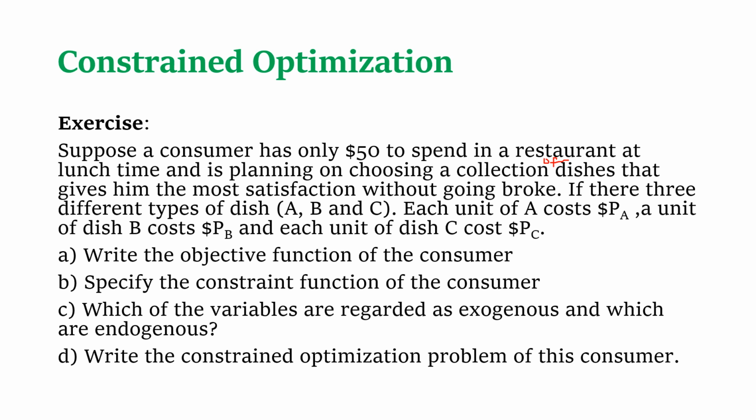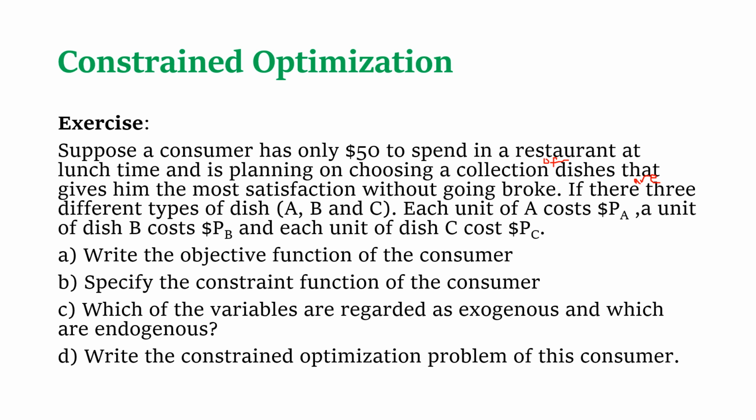If there are three different types of dishes, A, B, and C, each unit of A costs $3, the unit of B costs PB dollars, and each unit of C costs PC dollars, right?